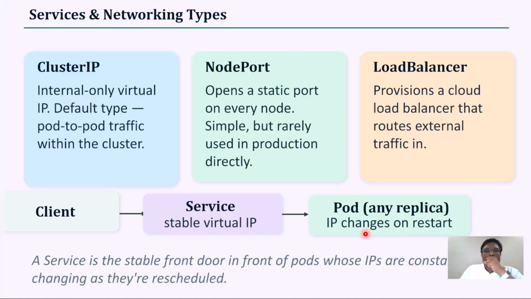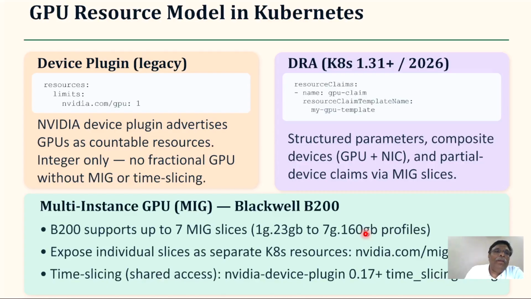So if you close a pod or remove a pod from deployment, then the next time the pod is generated, the IP is going to change, right? So that is how it is to be understood.